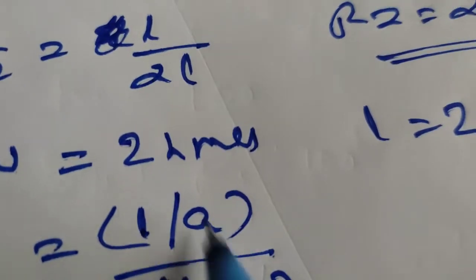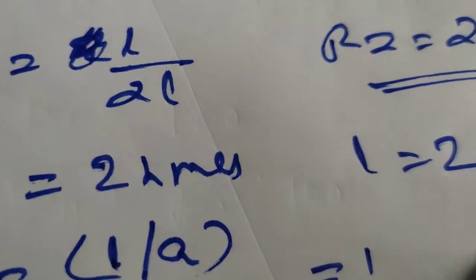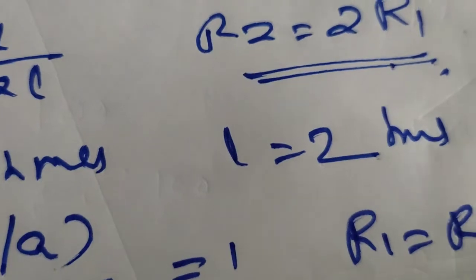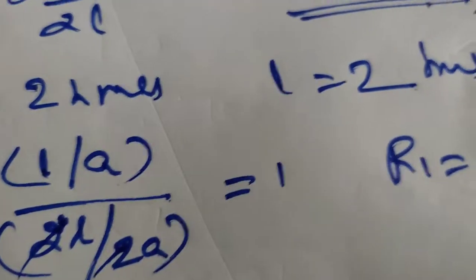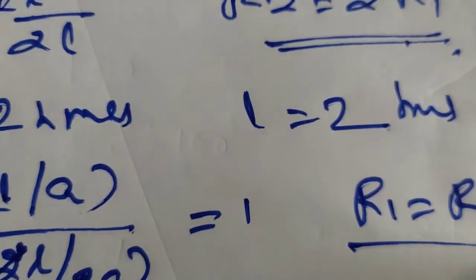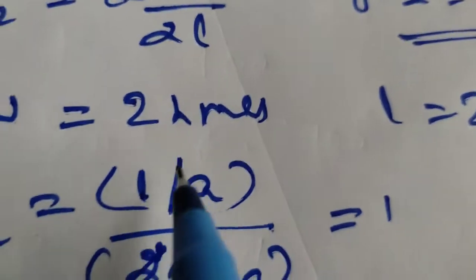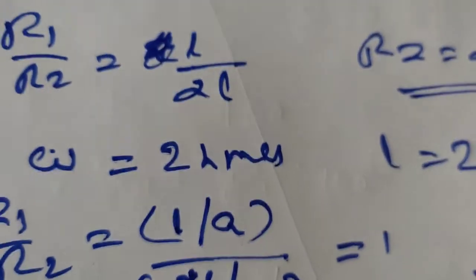That means L by A by L by A. So R1 remains equal to R2. Now you can see resistance remains constant if the length and area are both increased 2 times.